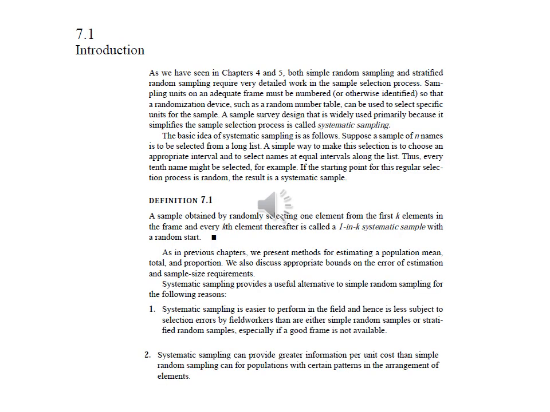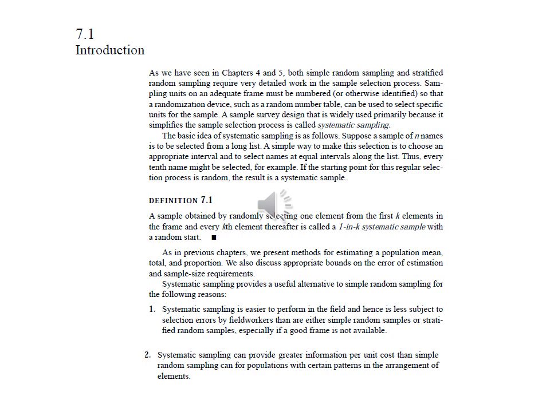Section 7.1, an introduction to systematic sampling. As we have seen in chapter 4 and chapter 5, both simple random sampling and stratified random sampling require very detailed work in the sample selection process.